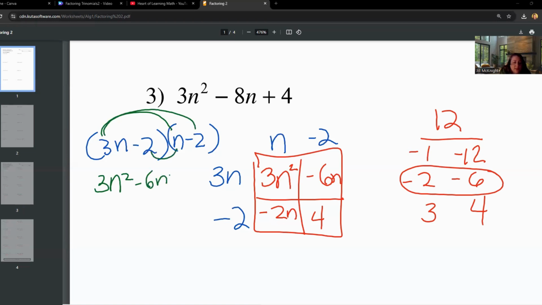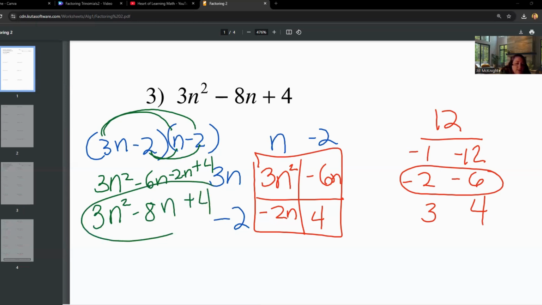Negative 2n, positive 4, because a negative times a negative is a positive. All right, let's combine the middle terms. Negative 6 minus 2 is negative 8n plus 4. We did it right. How did you guys do?